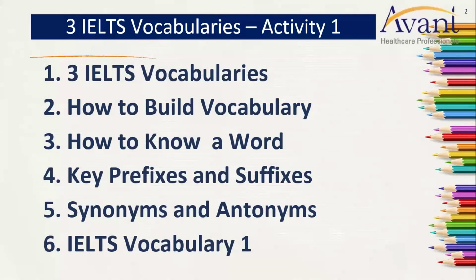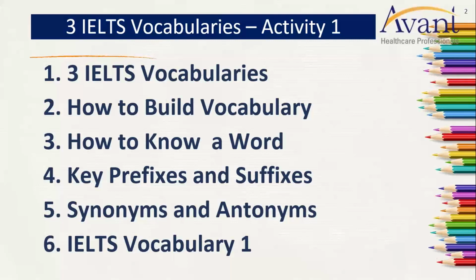So first of all, here is what we're looking at for today. I'm going to introduce the 3 types of IELTS vocabularies that you need to be aware of. You may already be aware of 2 of these, and then we're going to look at IELTS vocabulary 1. We're also going to cover how to build a vocabulary, and how to know a word. When do you really know a word?